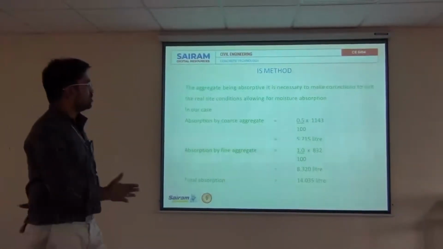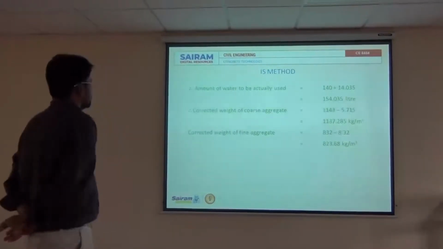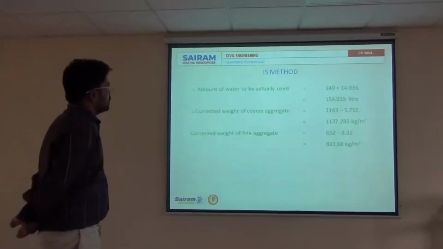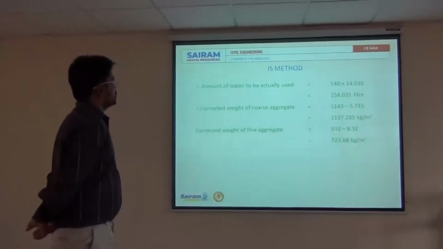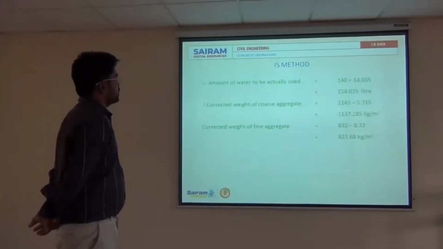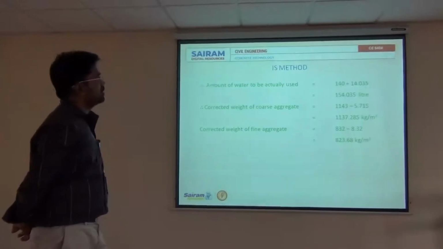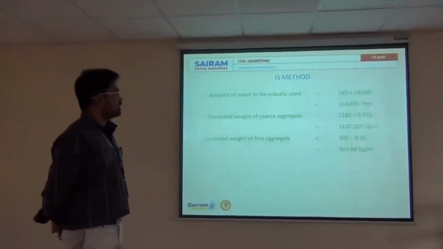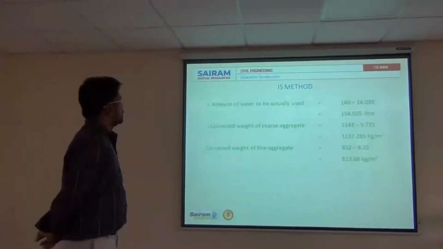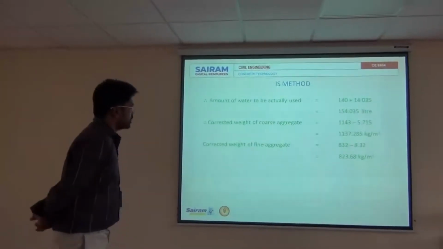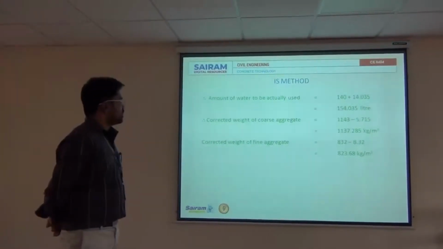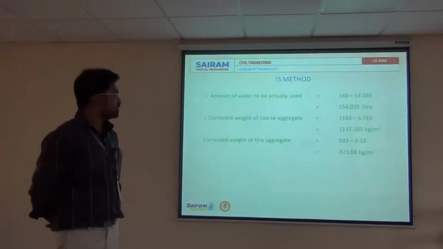This should be added to the water content. So the amount of water to be actually used is 154.035 liters. For the corrected weight of aggregates, you have to reduce that water absorption weight, which is 5.715 for coarse aggregate and 8.32 for fine aggregate. Deducting this, you get 1137.285 for coarse aggregate and 823.68 kg per meter cube for fine aggregate.